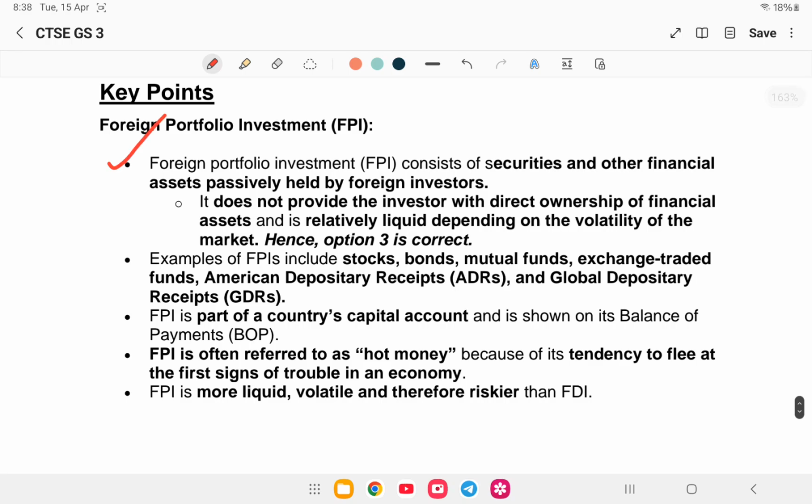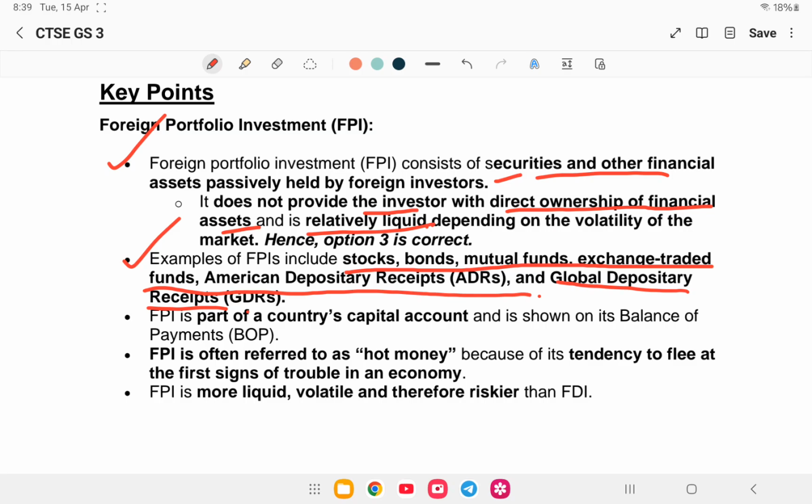So foreign portfolio investment consists of securities and other financial assets passively held by foreign investors. It does not provide the investor with direct ownership of financial assets and is relatively liquid, which means, for example, when the financial situation is bad, they withdraw money. Examples of foreign portfolio investment are stocks, bonds, mutual funds, exchange traded funds, American depository receipts and global depository receipts.